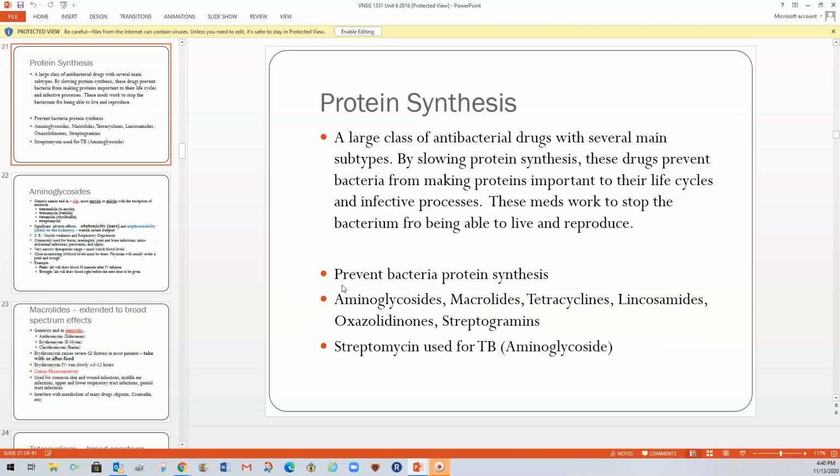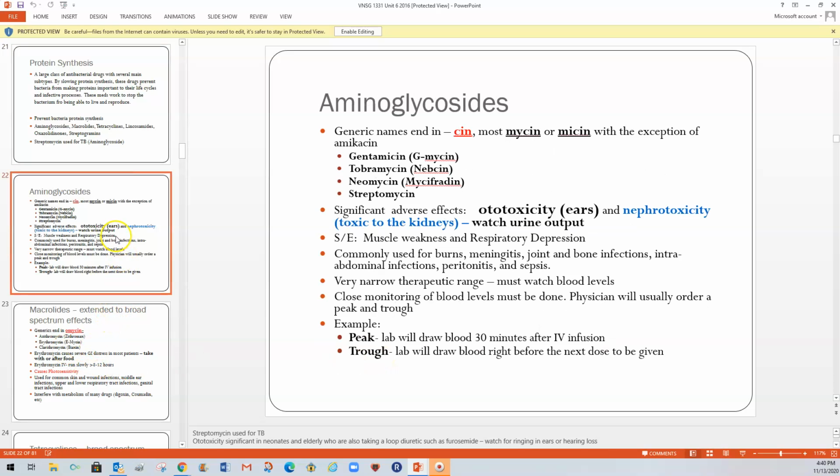So they prevent bacteria protein synthesis, and these are aminoglycosides, macrolides, tetracyclines, streptomycin, very, very prominent one. Glycosides, they usually end in mycin, so the gentamicin, tobramycin, neomycin, streptomycin, very common ones.